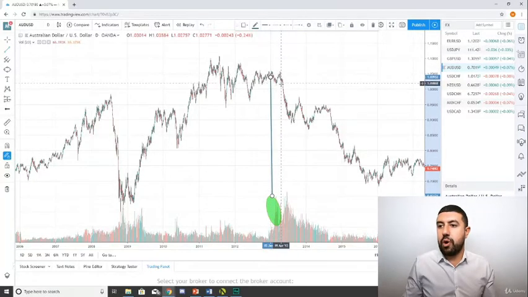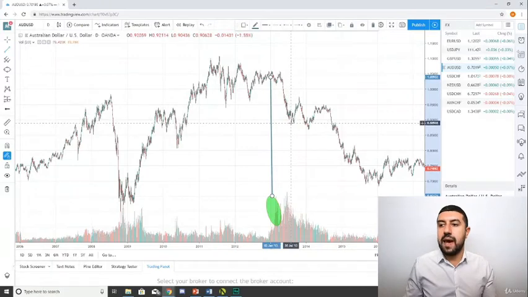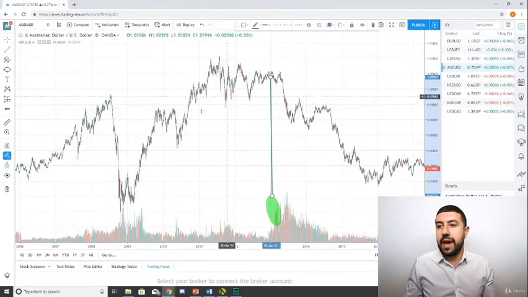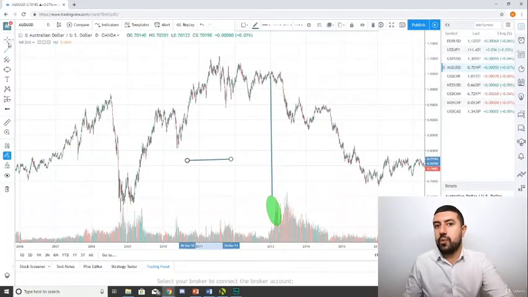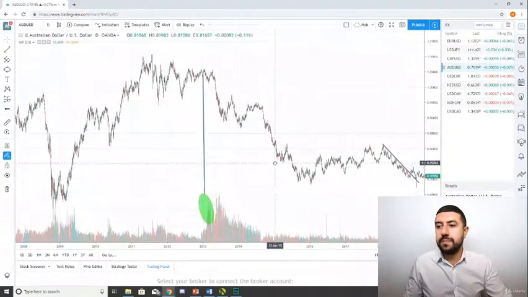And then prices dropped with an increase in volume. So everybody was agreeing with that. There was a lot of selling, and that's what pushed prices down. And you can see then we had a change in directions, and prices started to go this way.